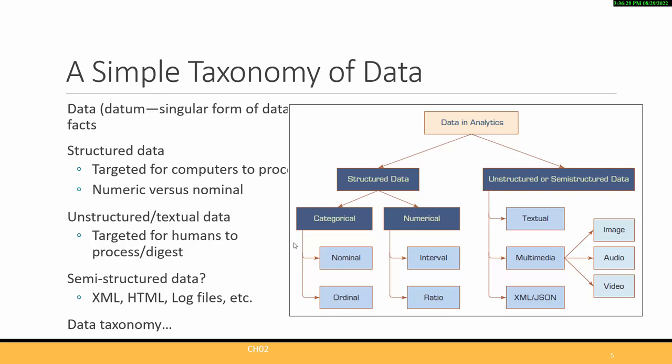Again, ordinal data is categorical data, so it is labels. However, they also have an inherent rank order among them. So you will be able to rank ordinal data. Examples include age group, education level, name of the month, days of the week. You would see in age group, for example, there is some order.